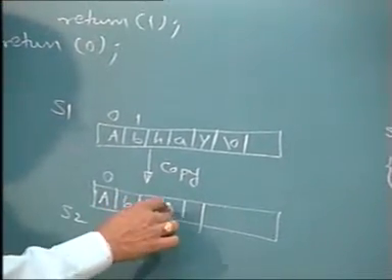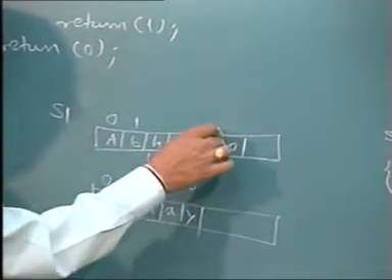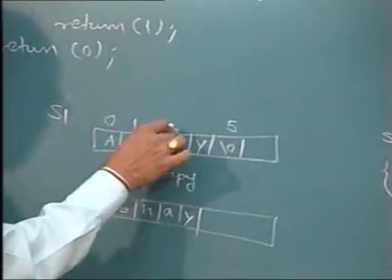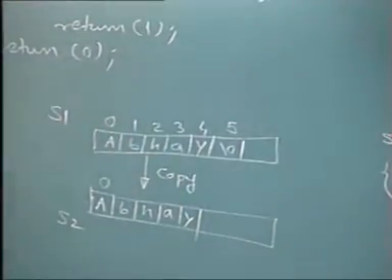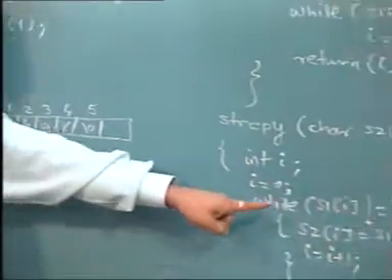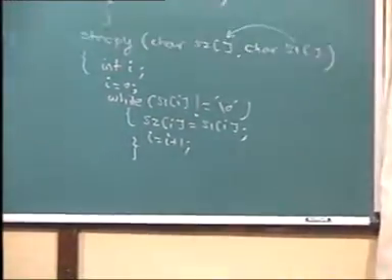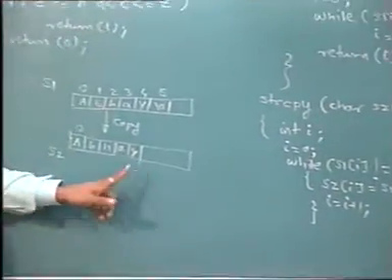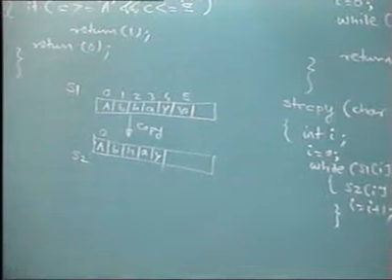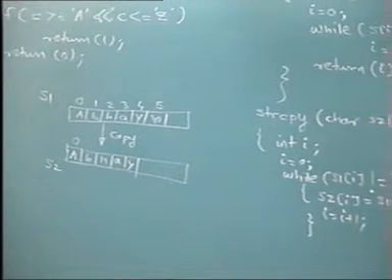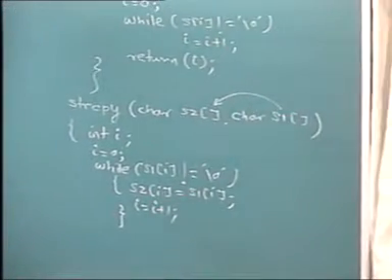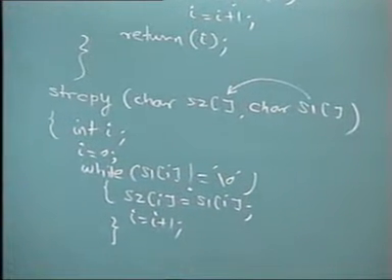It will copy all the characters, and when I becomes 5, then s1 of I becomes \0. The loop will be terminated, but this string is not yet closed. That was the point I was stressing yesterday, that the input will put \0 at the end of the string, but otherwise it will not be there.